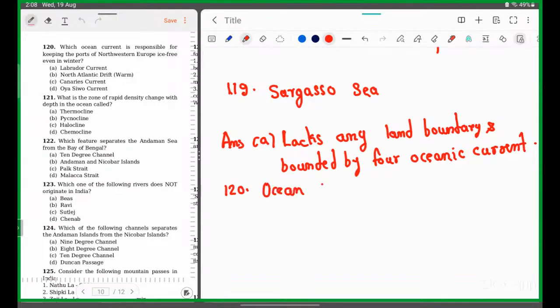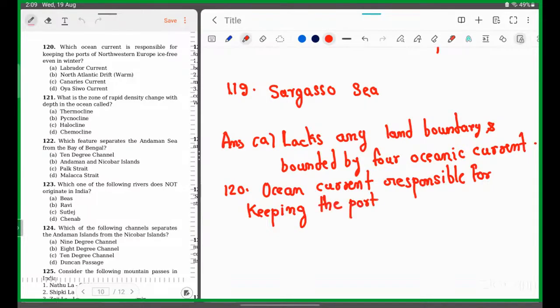The ocean current responsible for keeping the ports of northwestern Europe ice free because of its warm current. The North Atlantic Drift will be the answer.